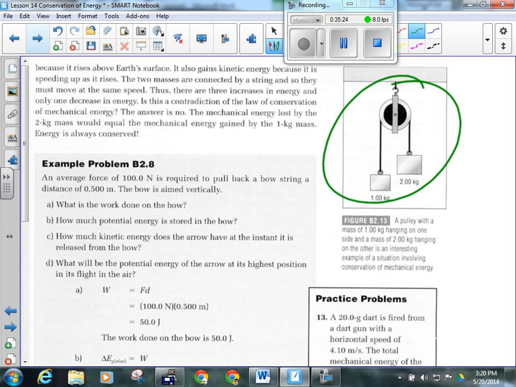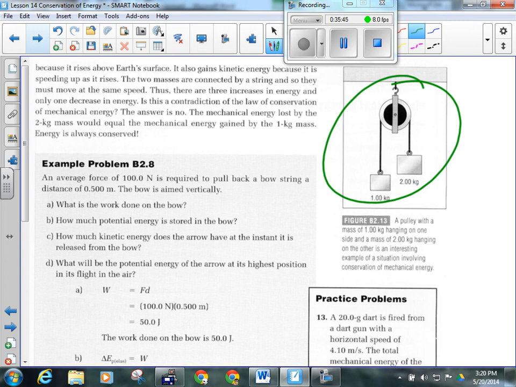Okay, there's only potential. When I let it go and this begins to move down, it's going to gain kinetic energy, agreed? But it's going to lose what? Potential. This one is going to do what? It's going to gain potential and kinetic, because right now it's stationary. How can that be?